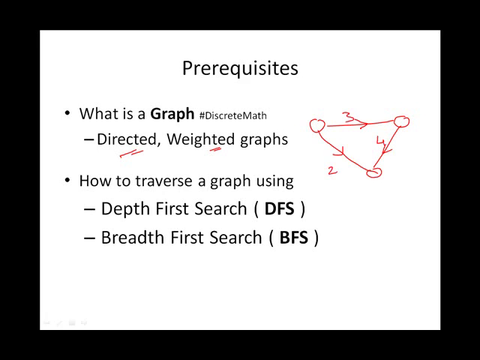We will also refer to such graphs, which are directed and weighted, as networks. So when we use the term network, it is nothing but a graph with directed edges, and we also have weights associated with each edge. You already know what a depth first search is and how to do a breadth first search, so let's move on to the MaxFlow.